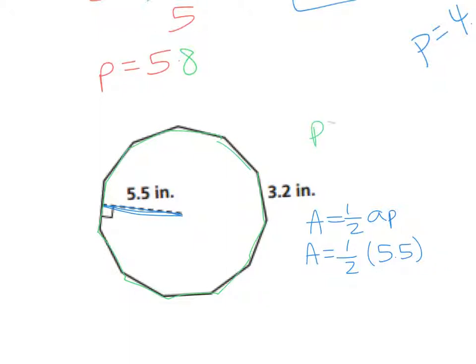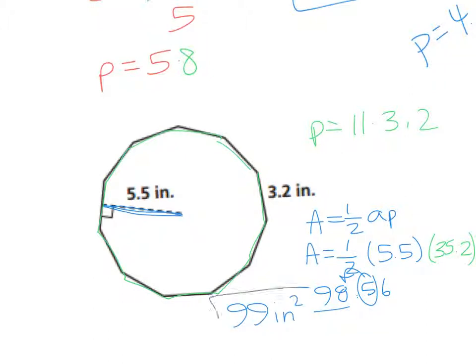So the perimeter is 11 times 3.2. So 11 times 3.2 is 35.2. So times 5.5 times 0.5 is 98.56. So I'm going to round to the nearest inch, which is 99, because this makes me round up. So it's 99 inches squared.